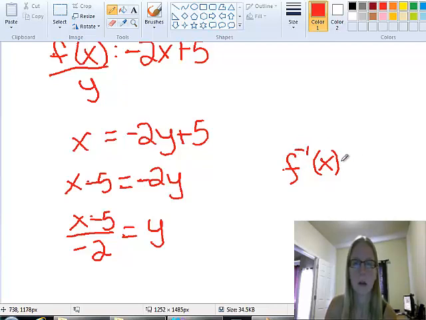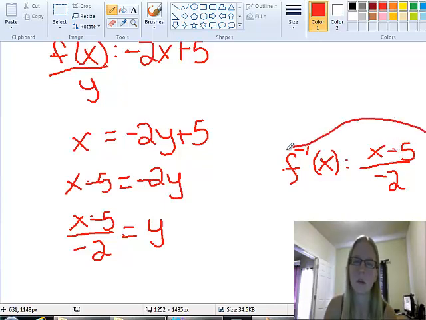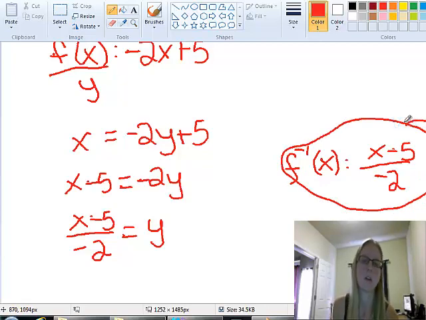So f inverse of x now equals x minus 5 all over negative 2. Okay, so that is the representation for this. Now this is another thing that you could graph. You could graph each of these and you can realize that they are inverses of each other because they reflect about the line y equals x. So that's the algebraic manipulations for finding that inverse function.